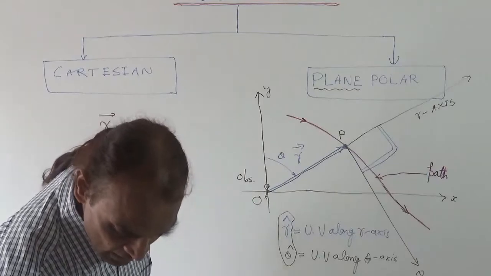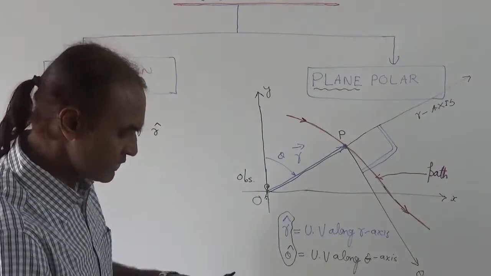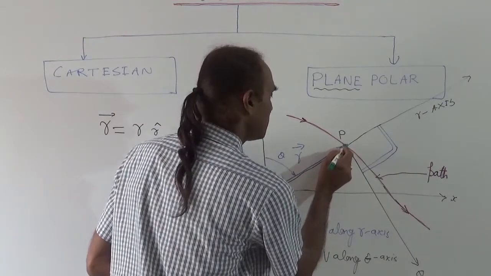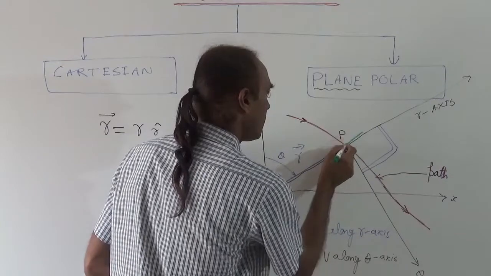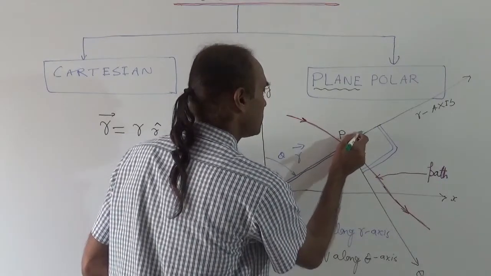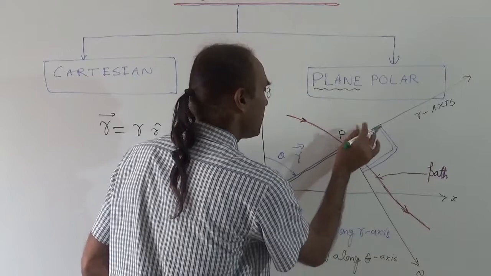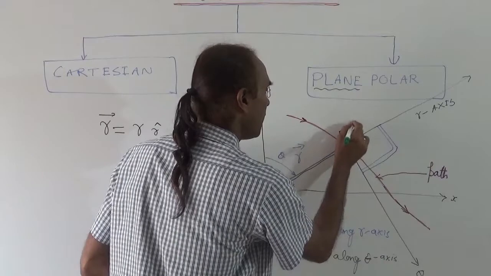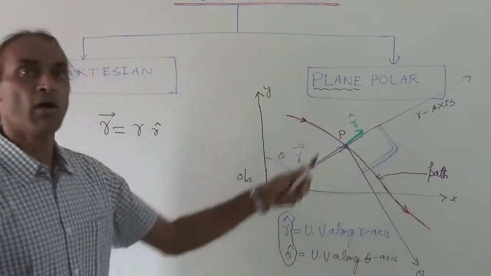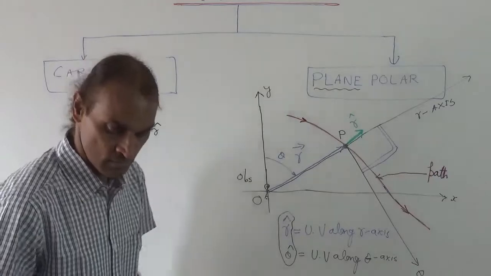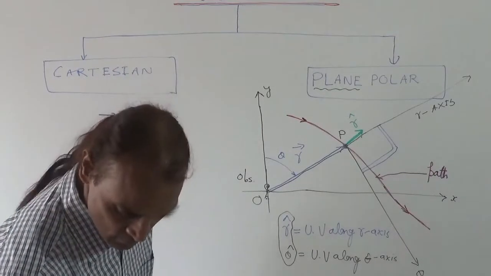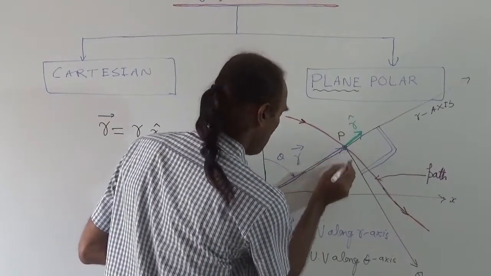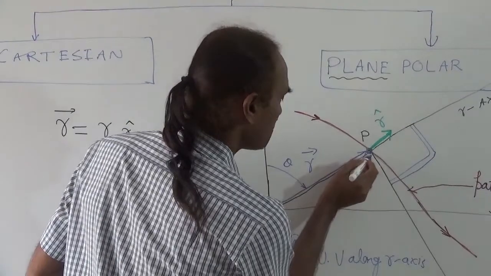What is the direction of r cap? R cap is the unit vector along the r axis. This tiny arrow represents the unit vector r cap along the positive r axis. And we can draw theta cap as the unit vector along the positive theta axis.